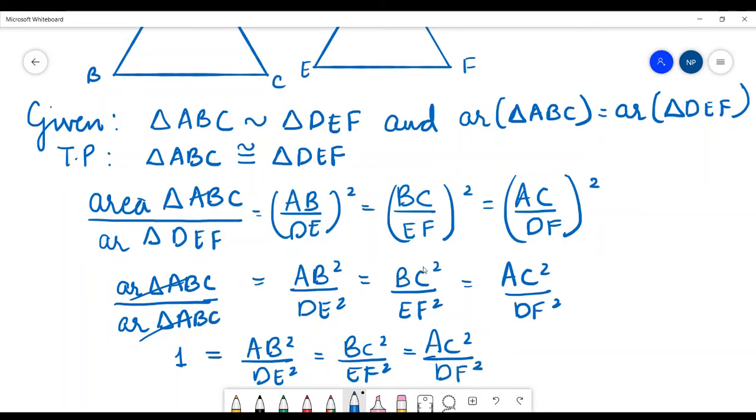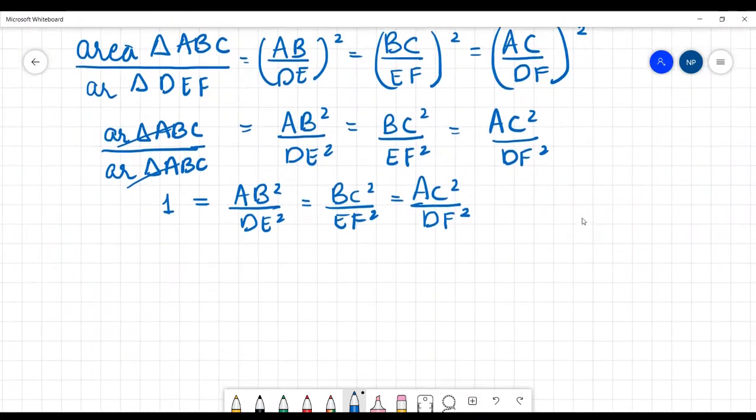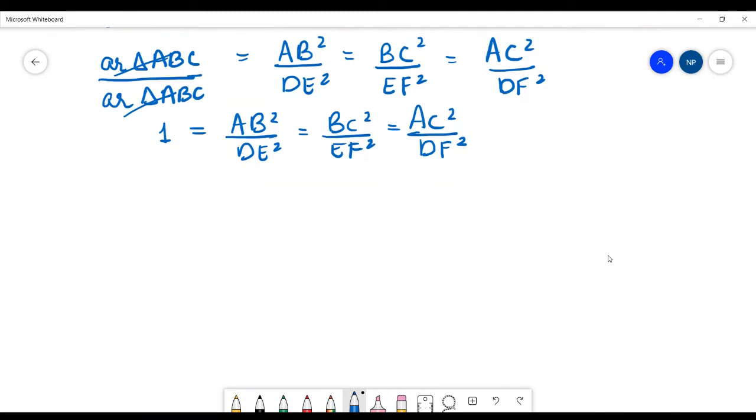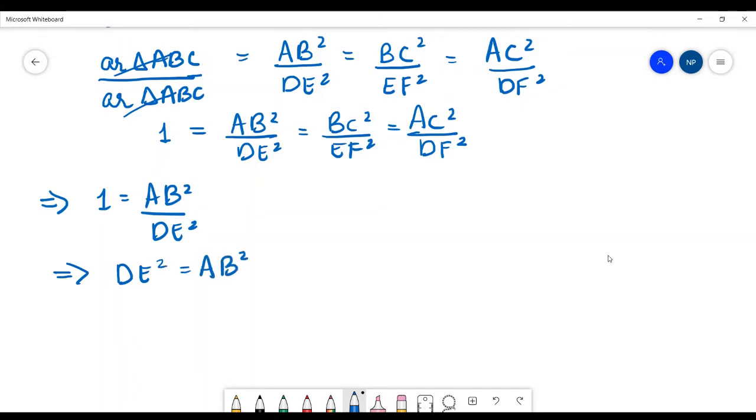Okay, now we are going to take the squares of the proportional sides one by one and equate them to 1. So over here we have 1 is equal to AB square upon DE square. From here, what do we get? We shift DE to LHS, we get DE square equals AB square.